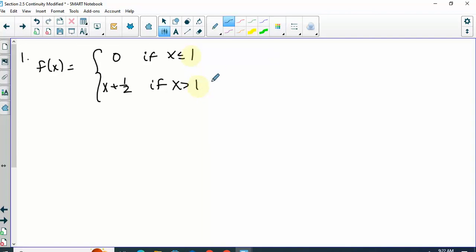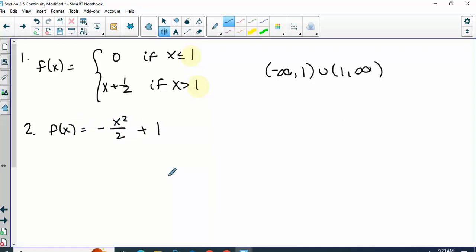Okay, so without graphing, really the easy way to see is to see if these pieces would match up. If I put in a 1, this one gives me a 0. If I put in a 1 to this one, we get 1.5. So do those two match up? No, so it is discontinuous at 1. The question said, tell me where it is continuous. So it's everywhere except 1. So negative infinity to 1, union 1 to infinity. Since those two pieces do not match up, it's discontinuous there.